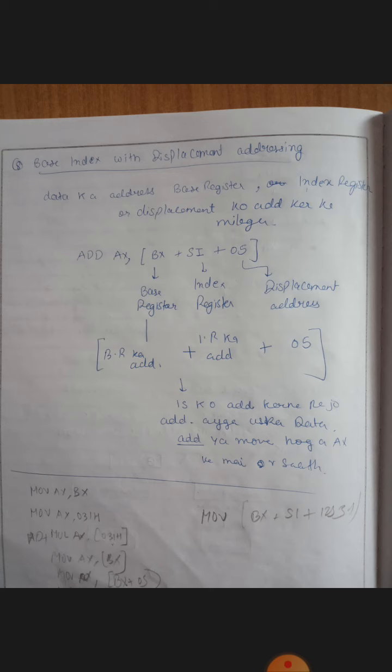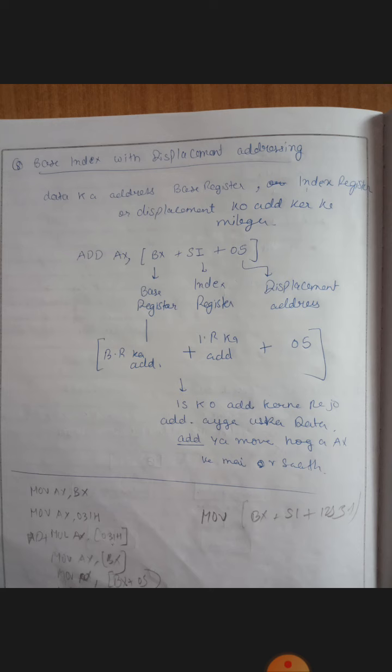Basically it is the sum of three things: the base register, the index register, and the displacement. All three get summed up to give the final address at which our data is present. Therefore its name suggests base index with displacement. An example is ADD AX, [BX+SI+05].